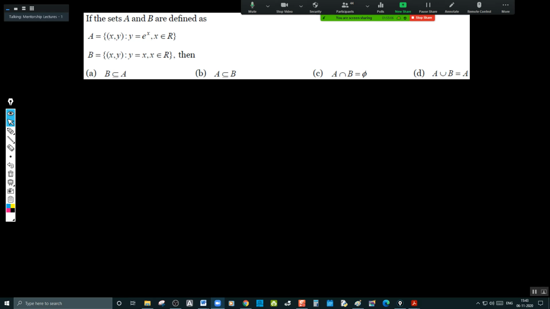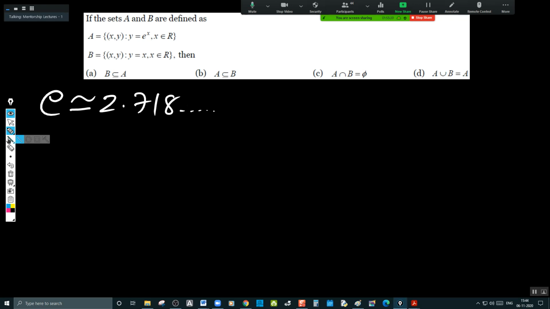And as you know, e is nothing but a non-terminating, non-recurring, irrational number. Approximate value you must know: 2.718 and so on.